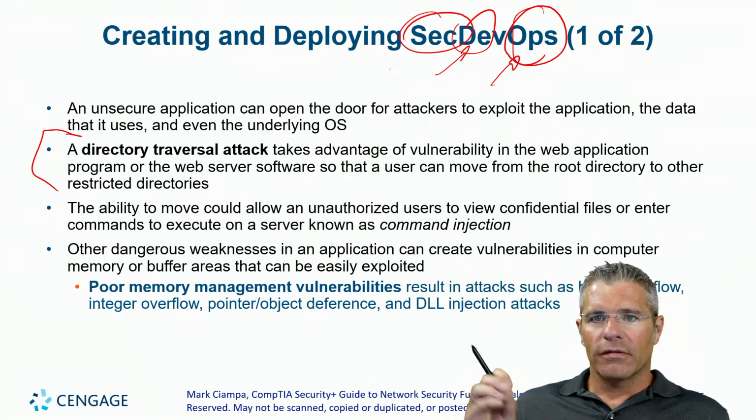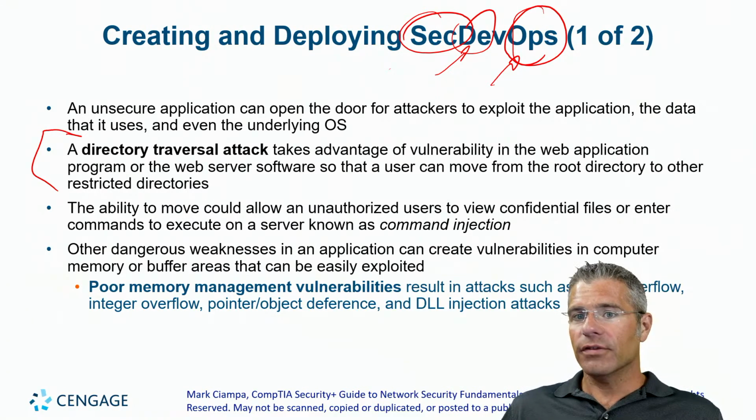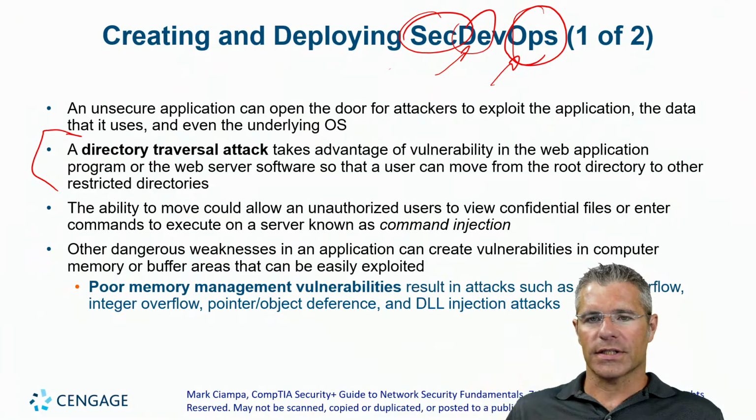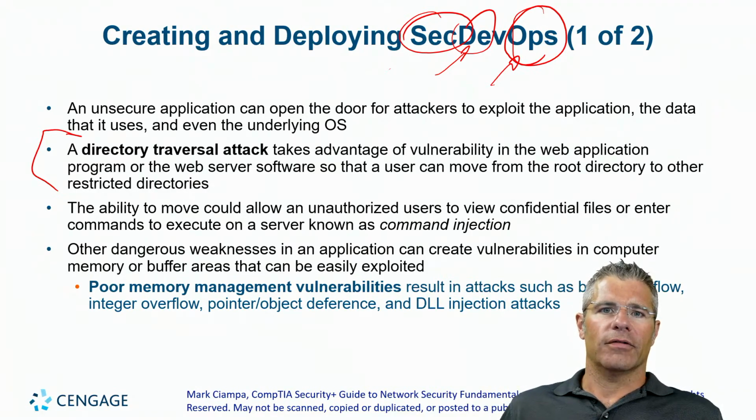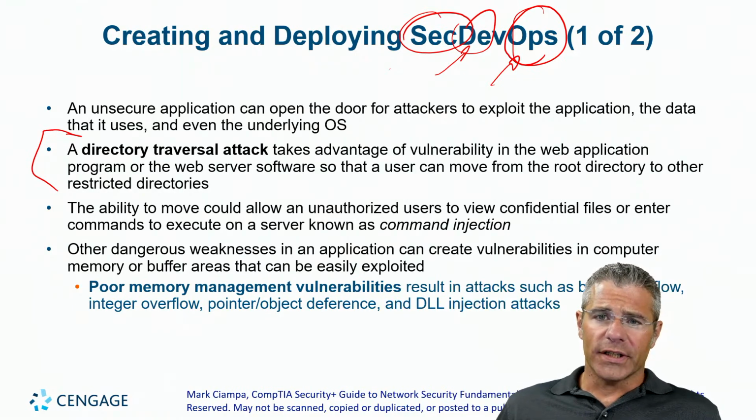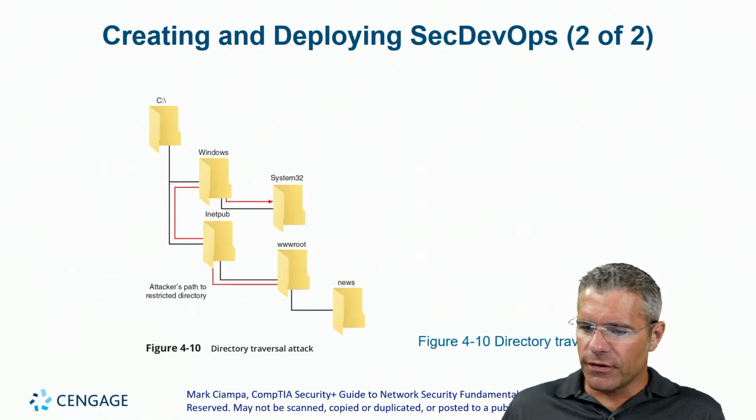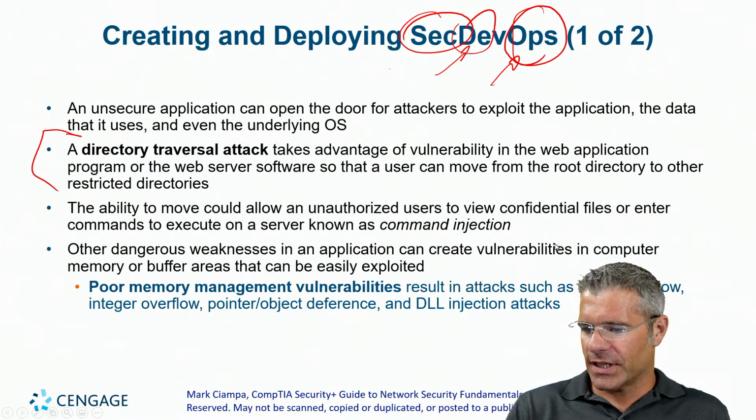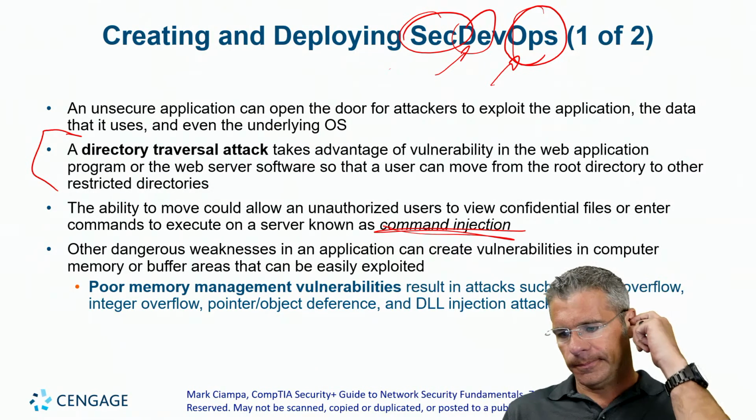If you can push files around, I could potentially push an evil file into a place where the operating system runs the file a lot and force it to do a thing I don't want it to do. I could potentially view confidential files that way. I could potentially inject commands that way.